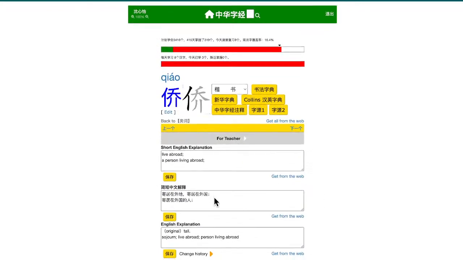And so let's take a look at the character. So this one, you can see on the right hand side is the character of 桥. Now this 桥 has the meaning of 高, meaning high, okay.